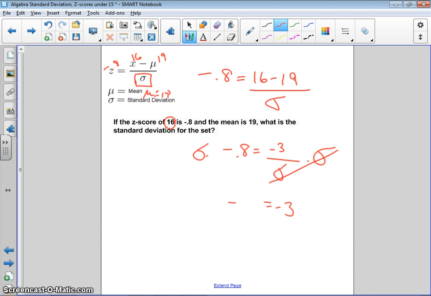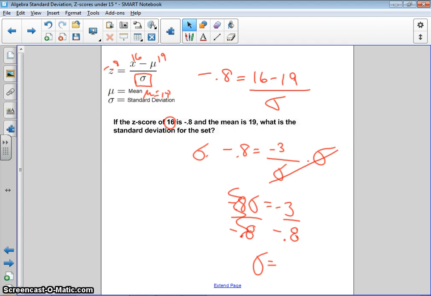I'm going to rewrite that as negative 0.8 sigma, standard deviation, even though it looks like an afflicted 6. To get that sigma by itself, I'm going to have to divide both sides by negative 0.8. And this stuff is all going to cancel out over here, just giving me standard deviation.